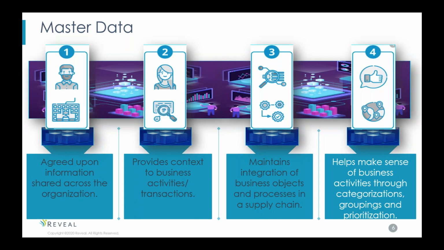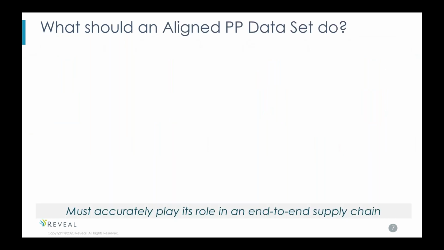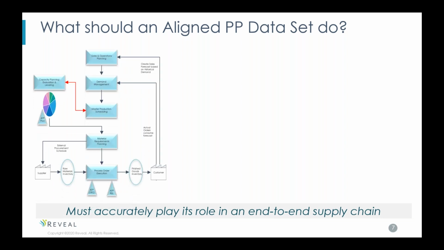and in this context, PP master data. So I want us to ask ourselves, what should an aligned set of PP master data actually do for you? To answer that question, I'd like us to think about the overall production planning process. I'm sure a lot of you have seen this picture on the left of your screen in many places.